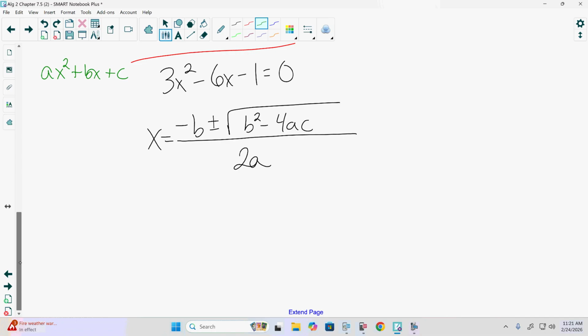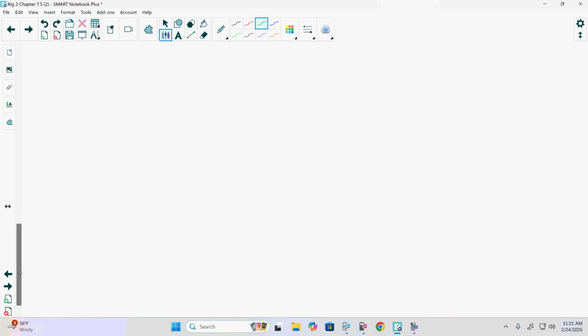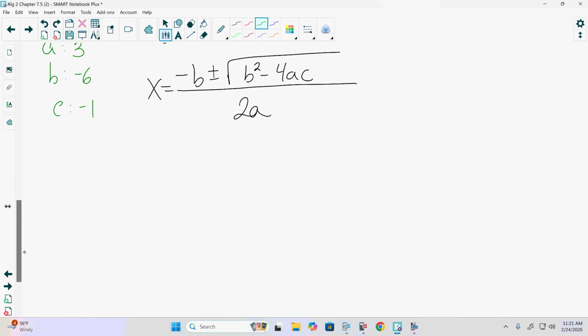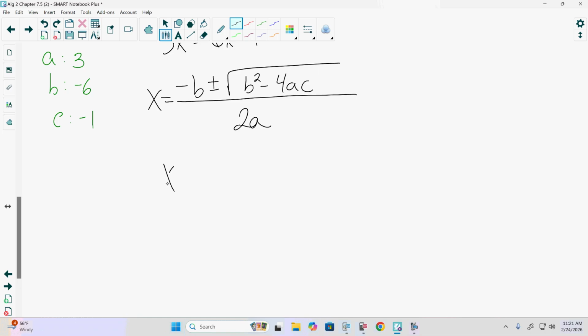It doesn't factor. What is a for us? b? c? So we're going to take those values and plug them in. So x equals negative b. Well, we said b was negative 6.